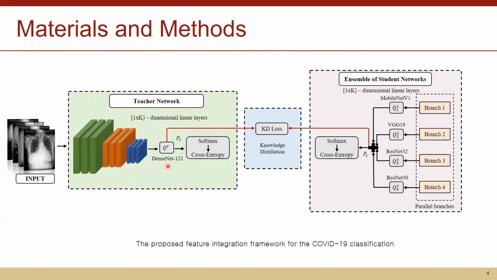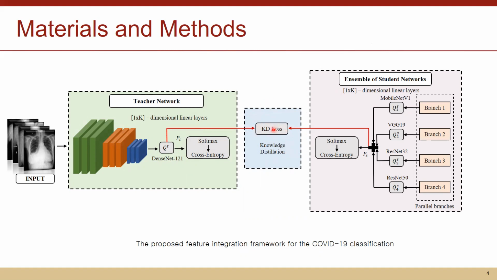Here we apply the pre-trained DenseNet 121, which was pre-trained in our previous paper, also on chest X-ray images. Those parameters will be transferred into this block called knowledge distillation.